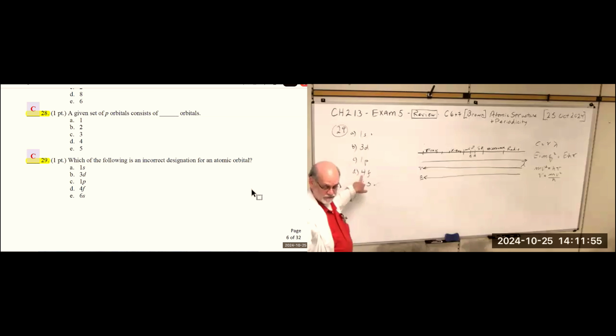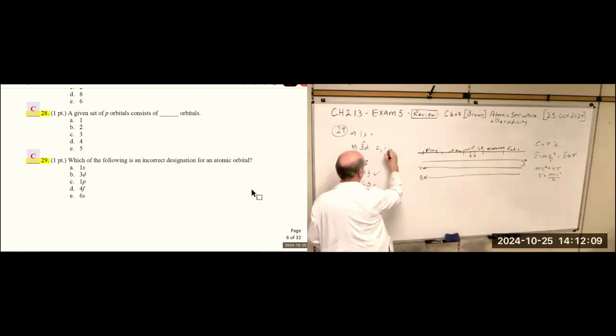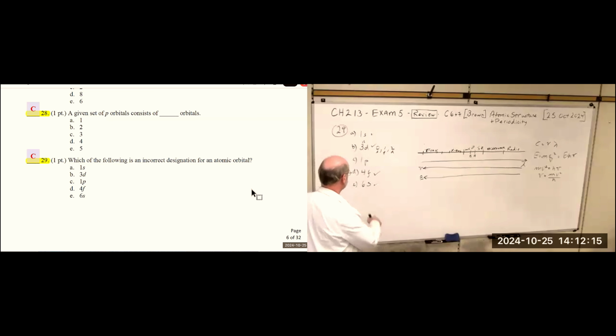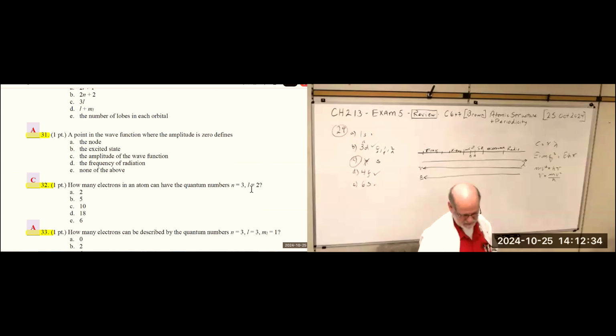We just proved that 4f was the first principal quantum number that could have an f. That's good. 3d. So 3 is n, and then you could have a 0, a 1, or a 2, an S, P, or a D. That's good. This one cannot happen. You can't have a p orbital with n equals 1. All you can have is an S. That's it. So C is the bad one. Let's see, 31.